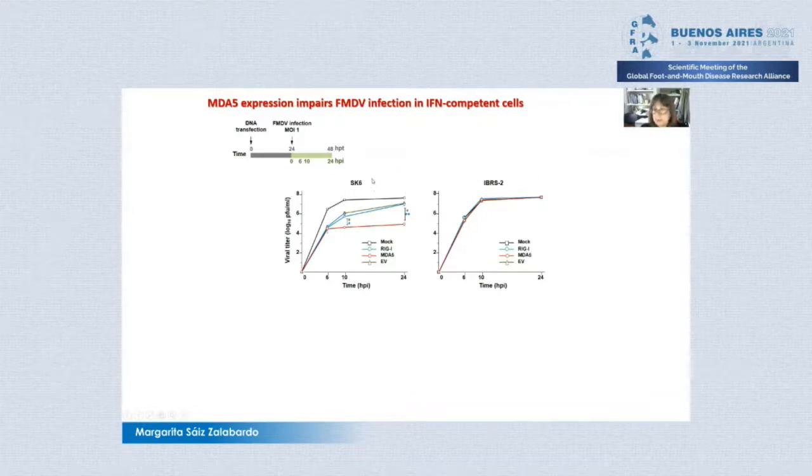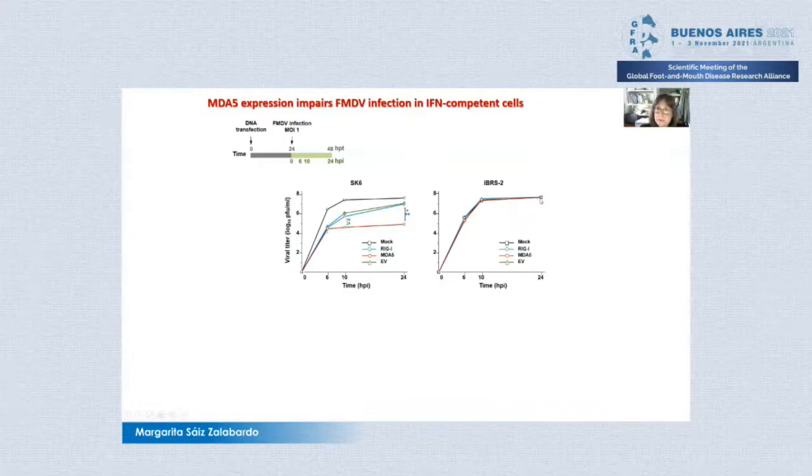These first, SK6 cells, are interferon competent, but IBRS-2 cells are not able to respond with the interferon signaling route upon infection or transfection. So, as you see here, in cells expressing MDA5, there was a 2-log reduction in viral titers, unlike with RIG-I, which basically overlapped with the kinetics of the empty vector.